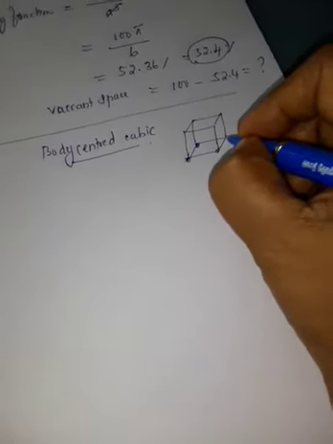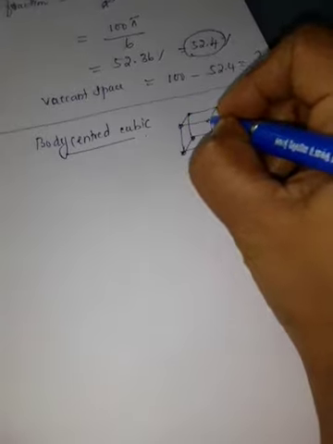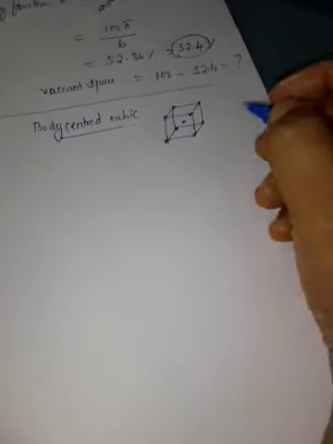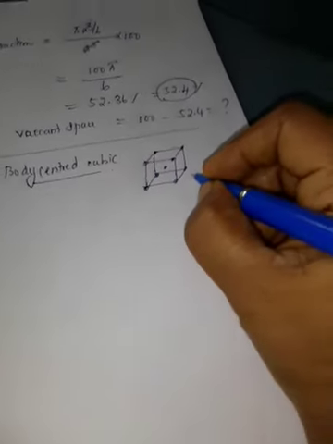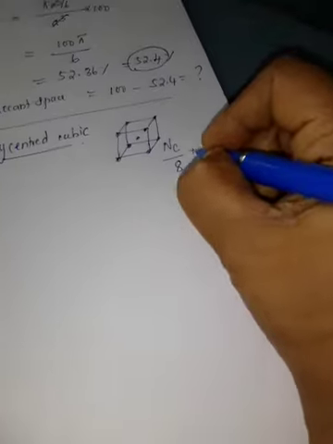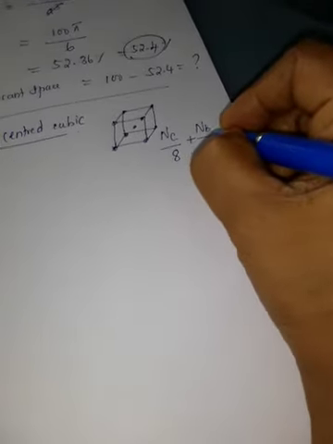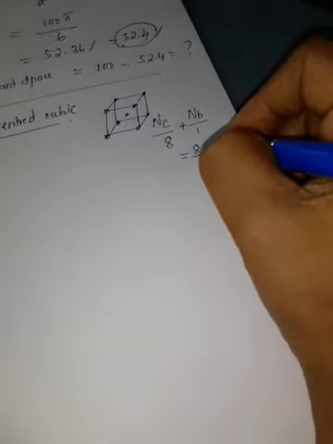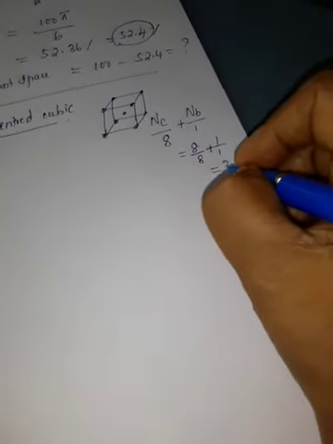Here, 8 atoms in the corner and 1 in the body center. So the formula applied here is number of atoms in the corner shared by 8 plus number of atoms in the body center shared by 1, that is 8 by 8 plus 1 by 1 equals 2.